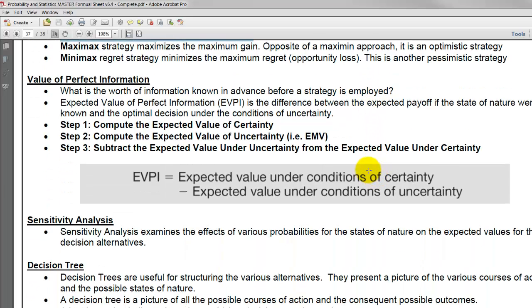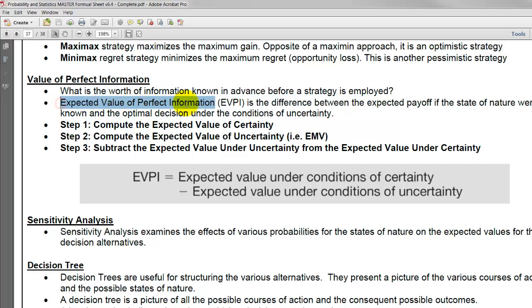Now here I have some information regarding the perfect information, which is a little challenging to overcome in terms of what it actually means. So what is the worth of information known in advance before a strategy is implemented? So that's what I was referring to. Is it worth spending more money making sure we've got the information at hand to make that good decision?